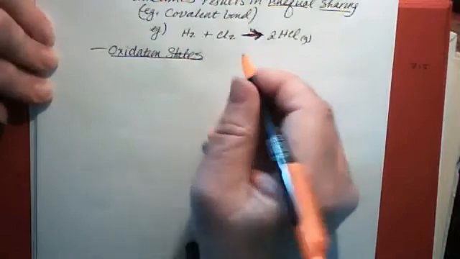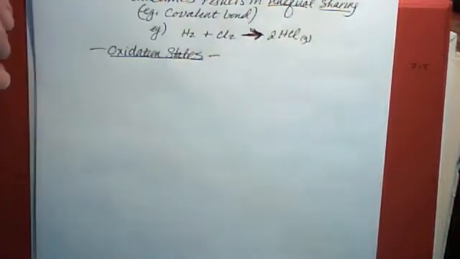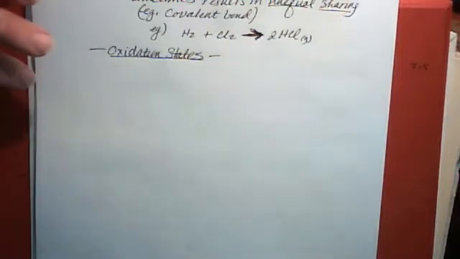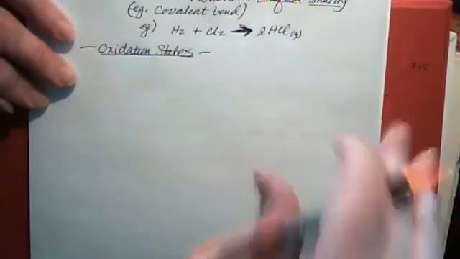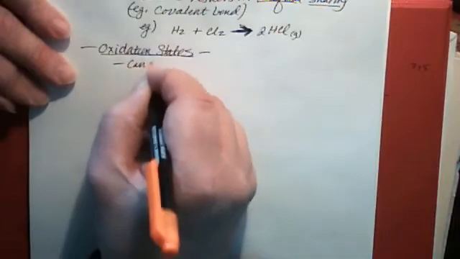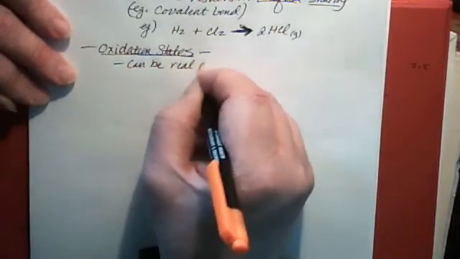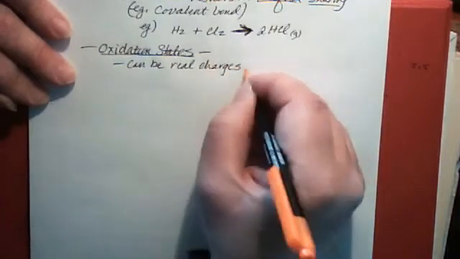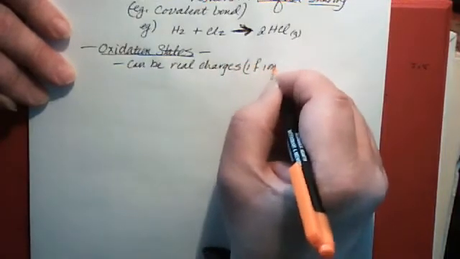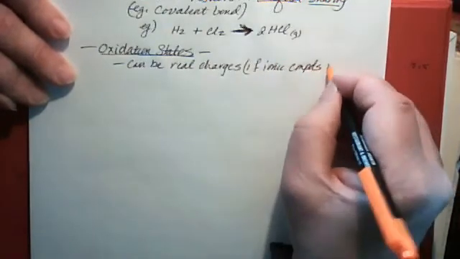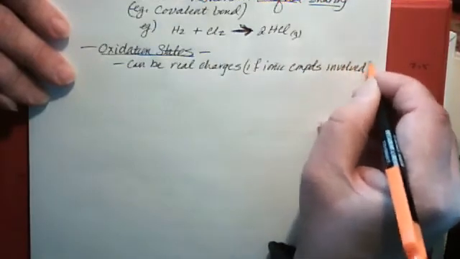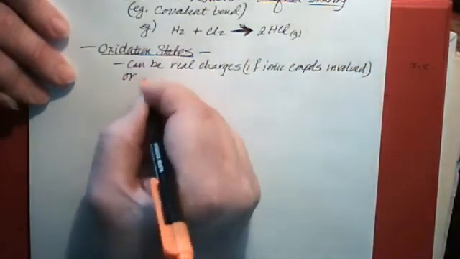Oxidation states are sort of a bookkeeping method for keeping track of where the electrons are and where they go, and where they end up. And sometimes oxidation states are real charges, and sometimes they are not. So oxidation states are real charges if ionic compounds are involved, or they can be hypothetical.